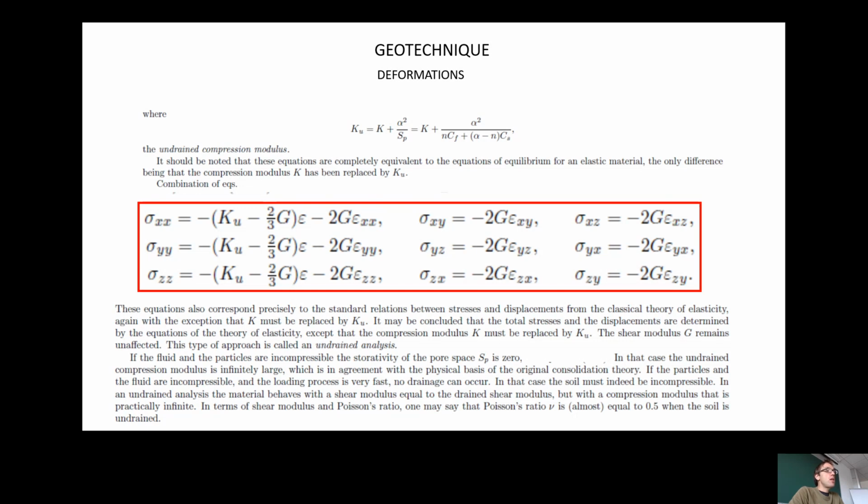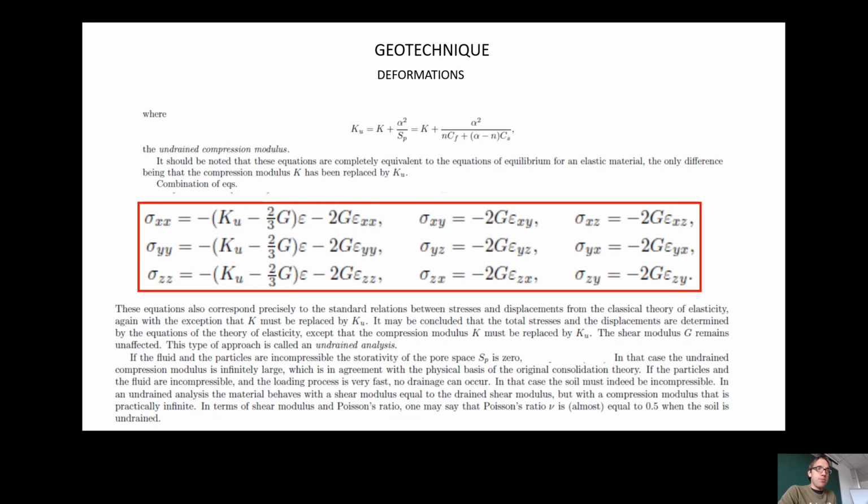In terms of a stress modulus and Poisson's ratio, one may say that the Poisson ratio nu is almost equal to 0.5 when the soil is undrained.